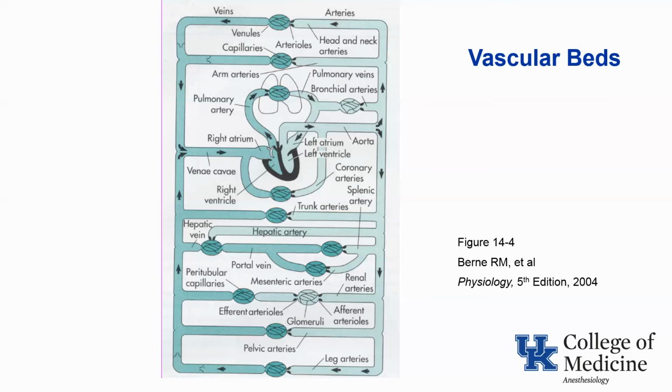This slide nicely summarizes the various vascular beds, including those in the head and neck, those in the pulmonary circuit, those in the hepatic and portal veins, mesenteric vessels, pelvic, and legs.